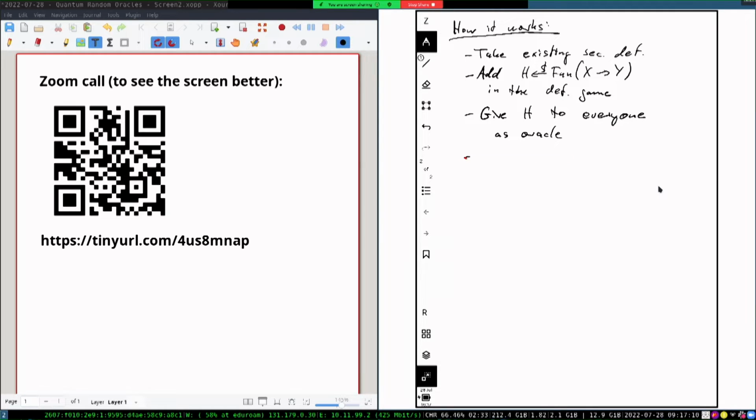And then, in addition, you replace honest hash calls by h. So anywhere where your original, say, signature scheme says apply the hash function, you now apply h.